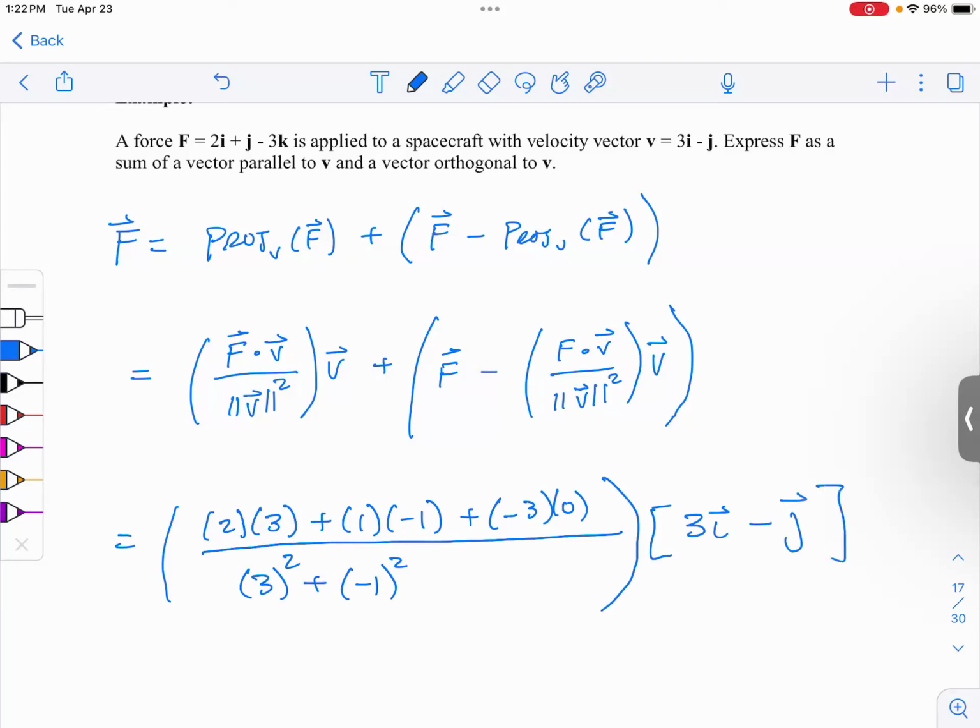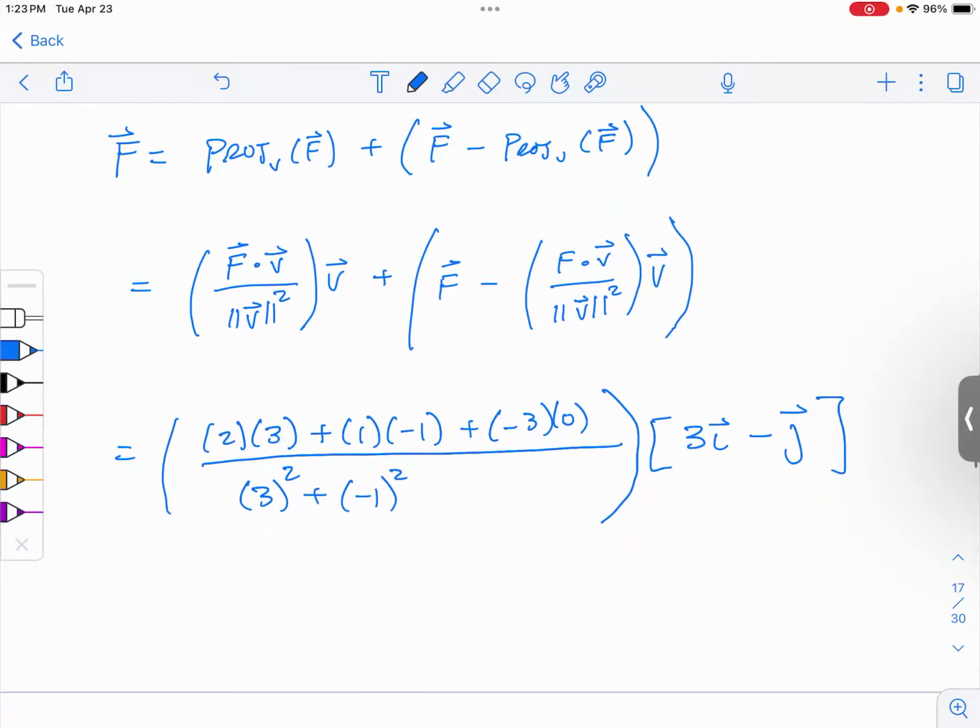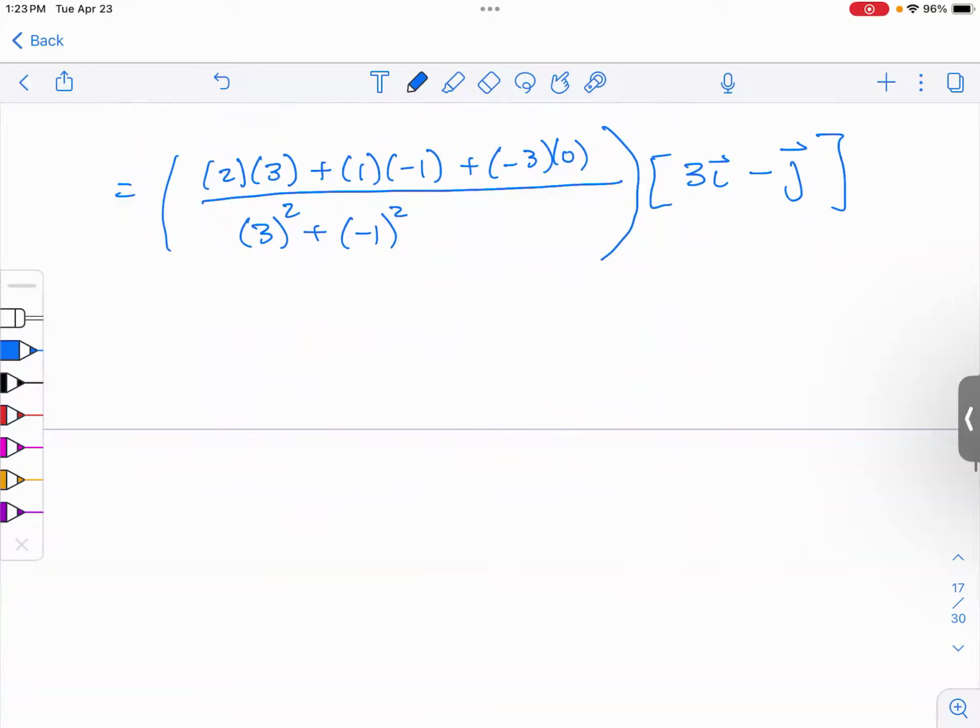Now, also note, I'm writing these in ijk component form, but you can switch all the way to vector component form, remember with the hard brackets. Whichever way you prefer to multiply is completely up to you.